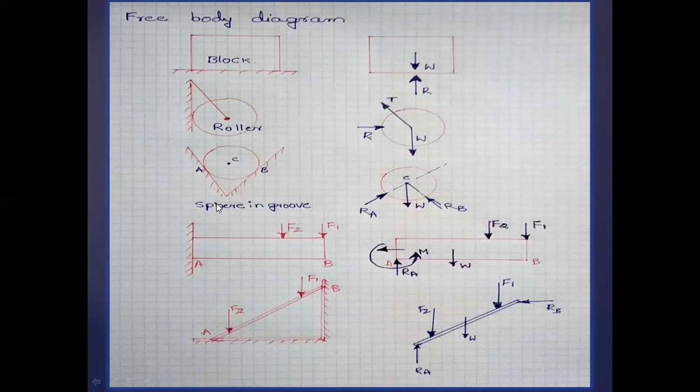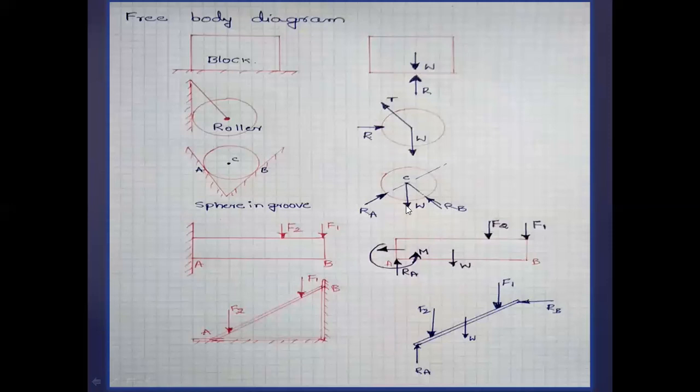The third example, a sphere in a groove. This is the kind of example we can get even for notches. Here you see a sphere is rested on two V-shaped contact surfaces, with contact at points A and B. To draw the free body diagram, first I isolate the body, that is, I draw a circle.